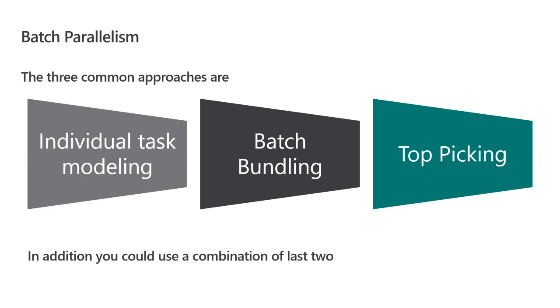Think mainly about three common approaches to achieve the breakdown into manageable fragments here: individual task modeling, batch bundling, top picking, and yeah, there would be a fourth one where you combine batch bundling and top picking. These should not be any surprise as they already exist since years. The information is also out there, but they still apply, and they still highly influence the runtime behavior of a given task. So they need to be understood.